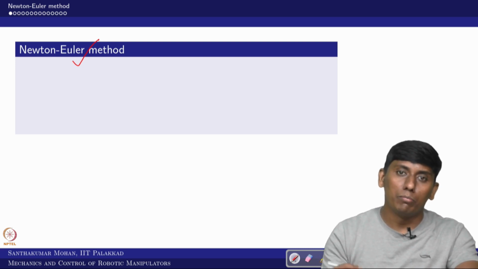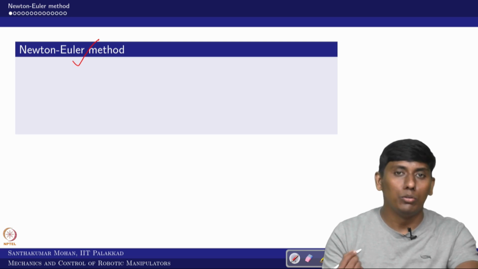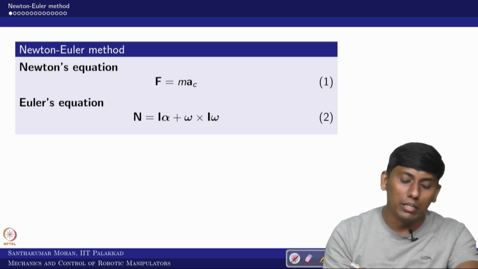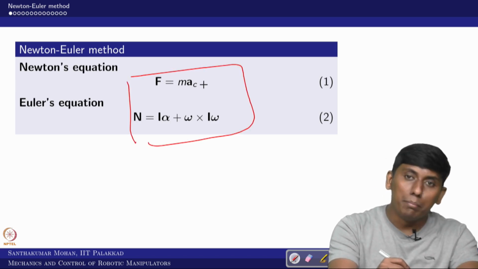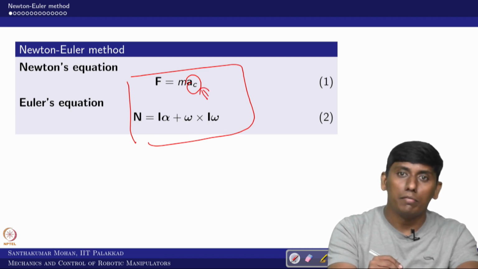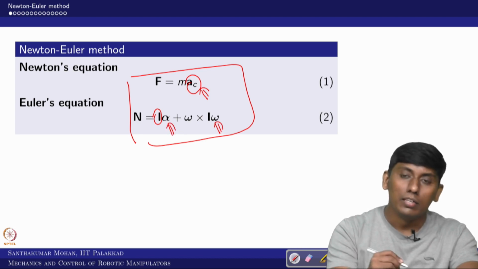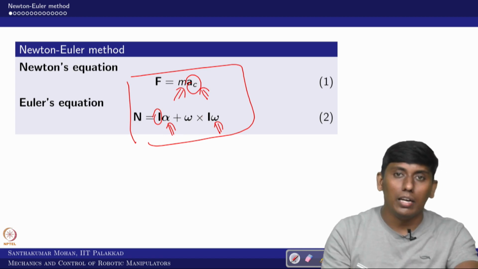The angular momentum comes from the Euler equation, and the linear momentum from Newton's equation. Now we are going to use the Newton equation and the simplified Euler equation, where m a_c, this a_c, is the linear acceleration of the mass at the centroid, I is the inertia tensor, omega is the angular velocity, alpha is the angular acceleration, and m is the link mass.